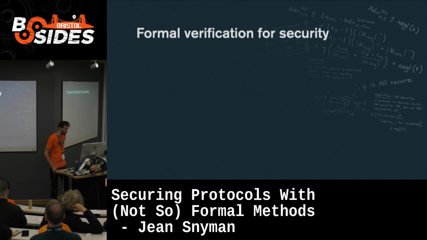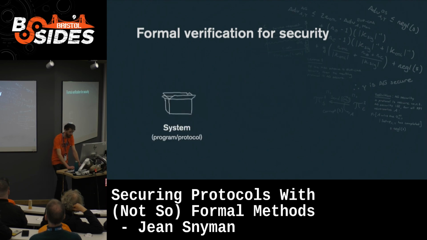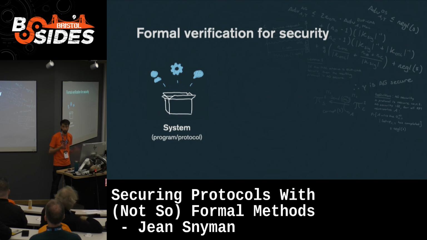So if we look at formal verification for security, this is roughly how it works. We have a system, and in our case, we're talking about a protocol. It could also be a program that we're looking at. And this system will have different elements: different parties, different algorithm subroutines, or, if we're talking about protocols, individual messages.